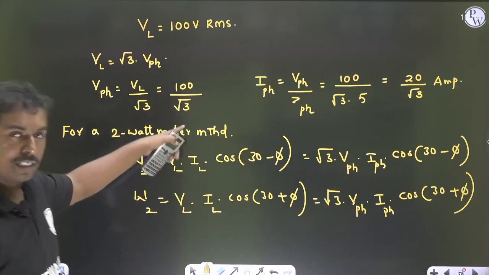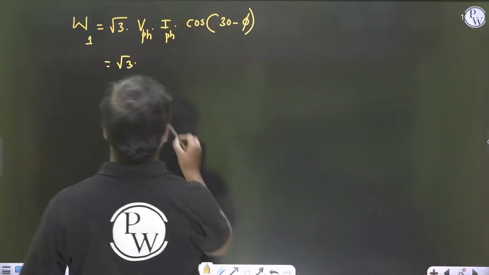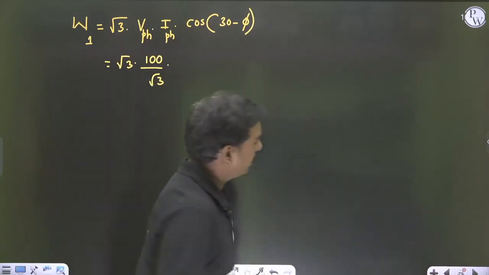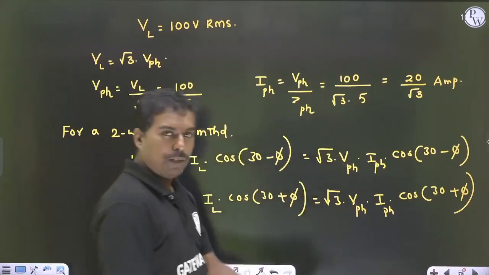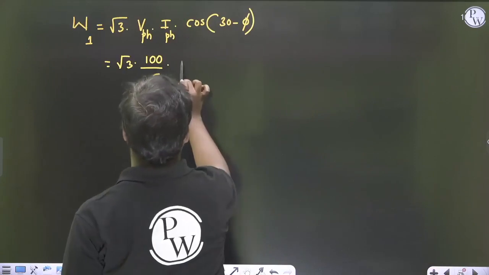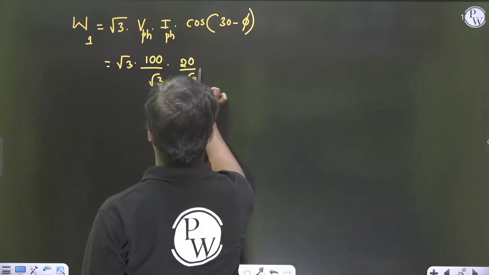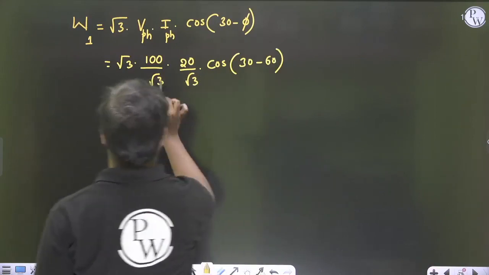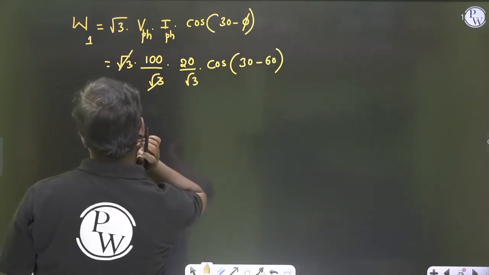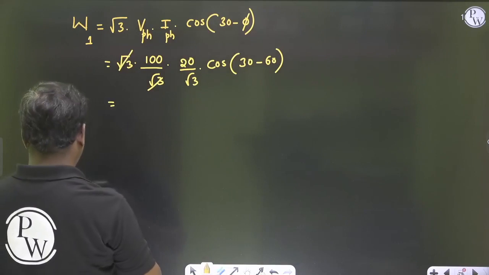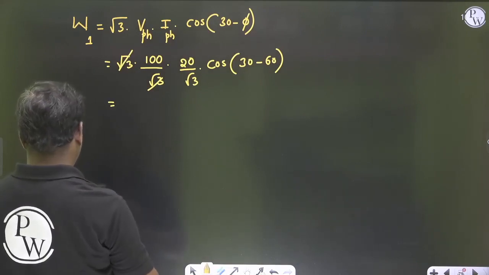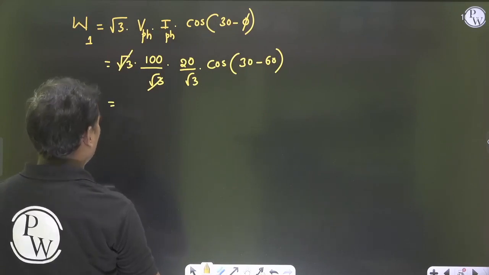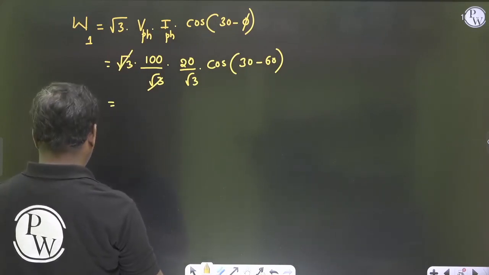VPH we got as 100 by root 3. Substitute it. And IPH we got as 20 by root 3 amperes. So how much are you going to get? It is 100 into 20 divided by root 3, cos of 30 minus 5.